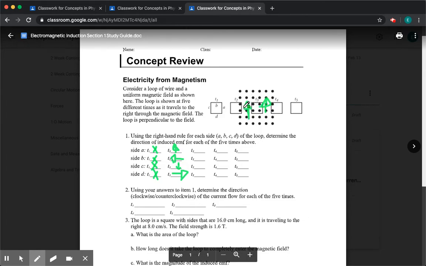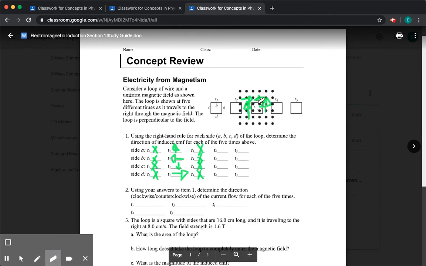If you follow the right-hand rule, on the left side of the loop and on the right side of the loop, you're going to have electrons that want to go up. And if they want to go up on both sides, they get blocked, because this side is going to be pushing the electrons this way, and this side is going to be pushing the electrons this way. So you get complete cancellation. So when the whole thing's inside, you do not have flow.